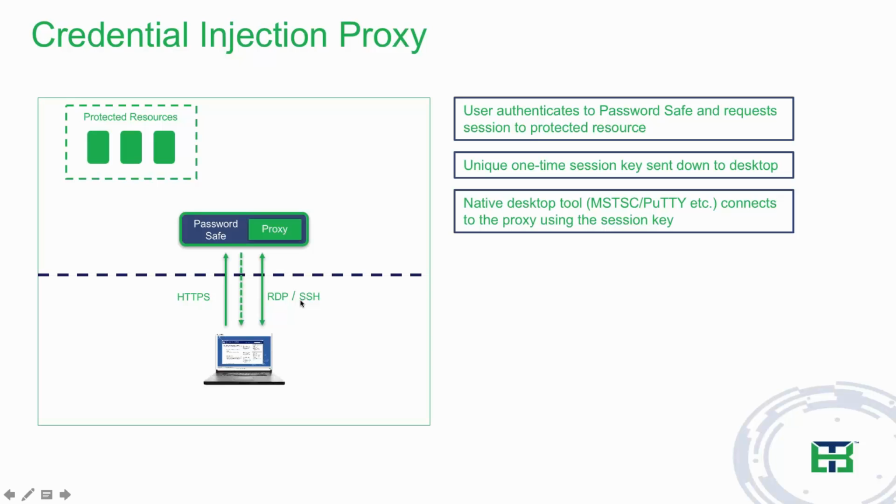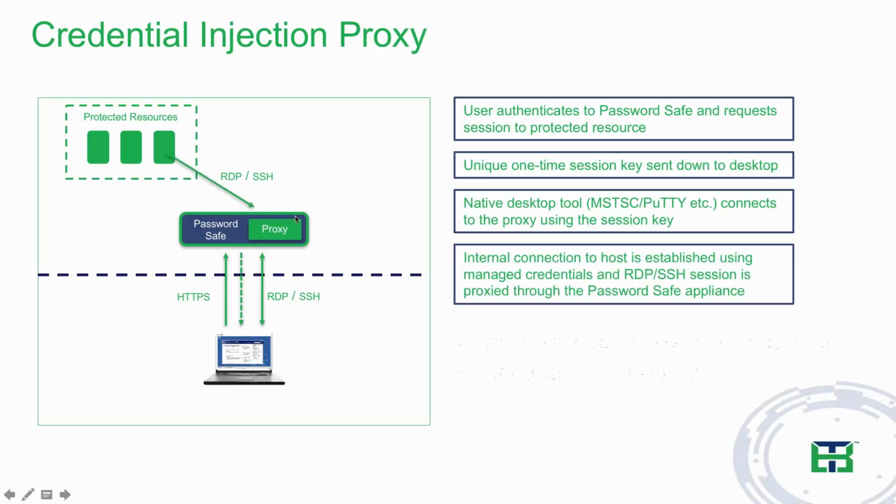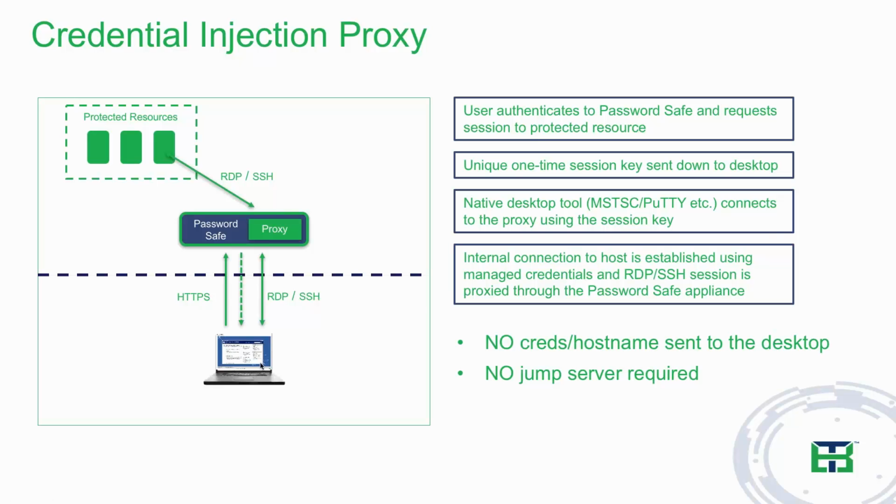In the case of the RDP or SSH session, when we're doing the one-time connect key, that's internal to the proxy. For the web interface, that will invoke the Microsoft Remote Desktop client or whatever, and opens up a connection, and we inject the credentials inside, so that nothing has come down to the desktop of the workstation. You haven't got any password, host name, or username. Nothing has come down.